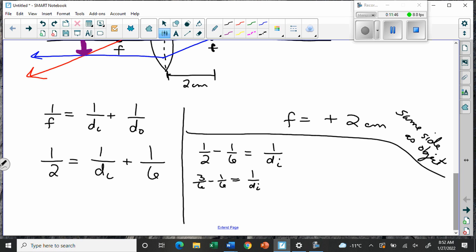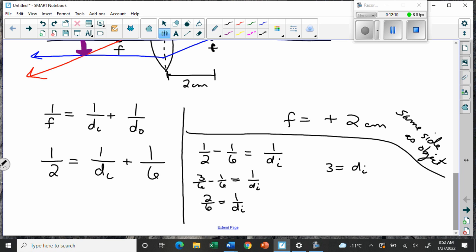Okay, and then we get 3/6 minus 1/6, which is 2/6. And that's going to be 1/3, right? If we reduce that fraction to 1/3 and then flip both upside down, we get 3 centimeters for our DI.